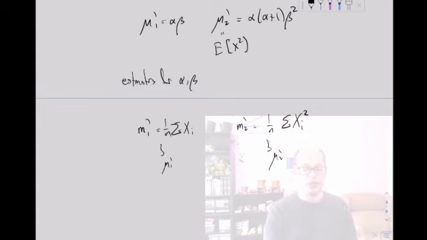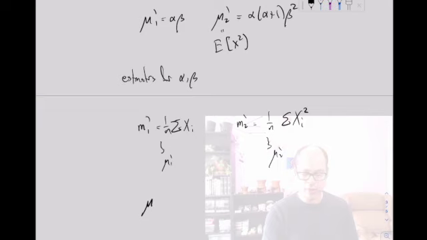This is just a little bit of algebra here. Let's say I solve for alpha in the first one, for example. The fact that mu1 prime is alpha beta tells me that alpha is mu1 prime over beta, which I can then use to substitute in my second expression.